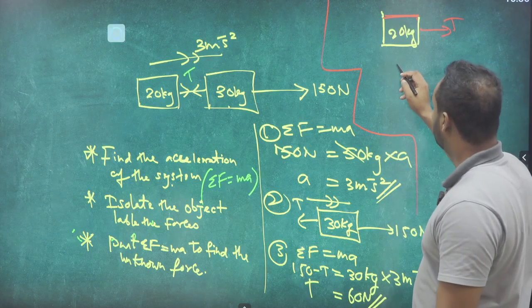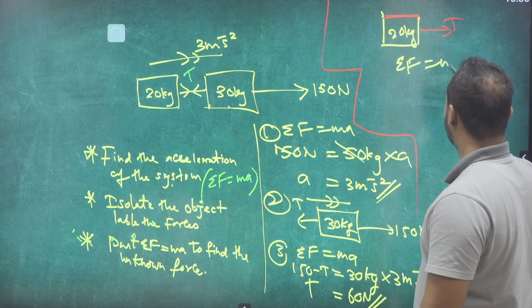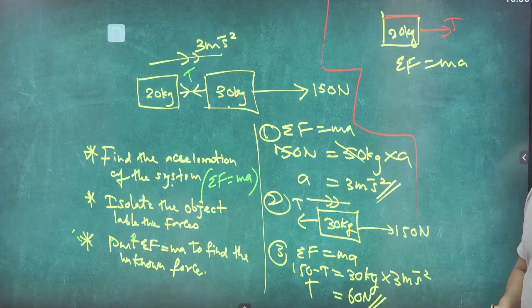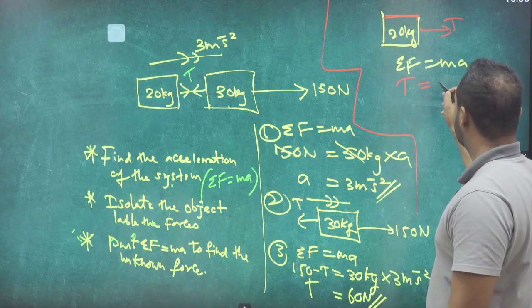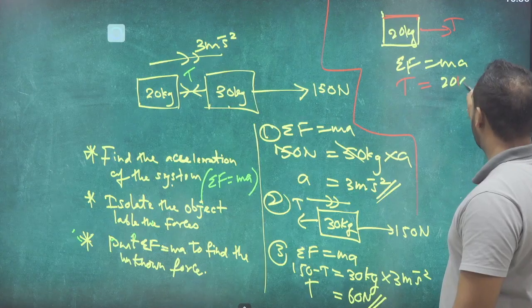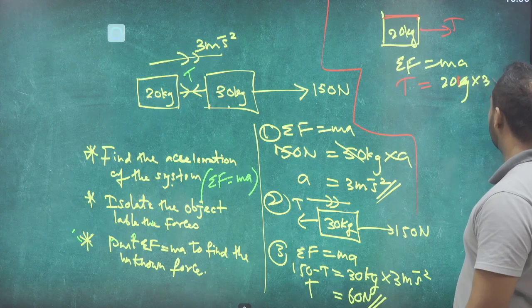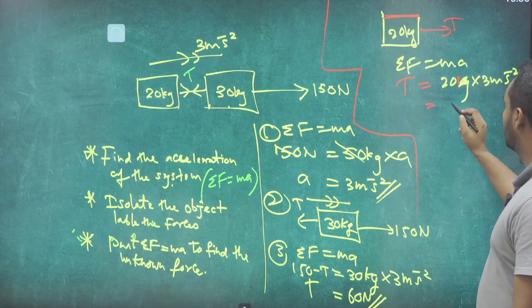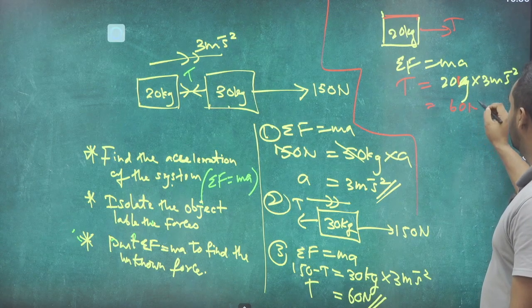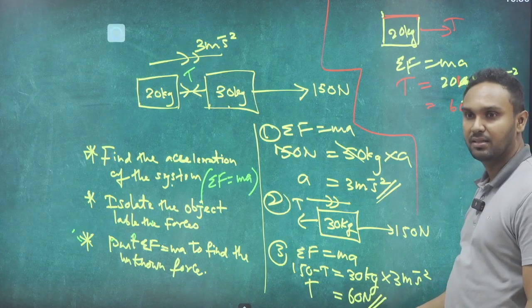So what is sigma F here? The only force acting on the object is T. So T equals mass, 20 kilograms, into acceleration, 3 ms minus 2. So what will be the answer? 60 newtons. Get it? Isn't it the same answer?